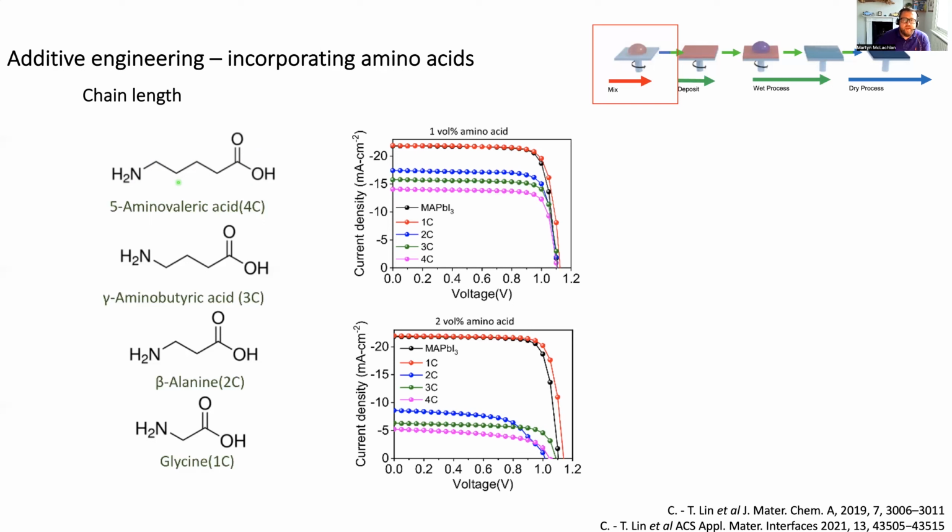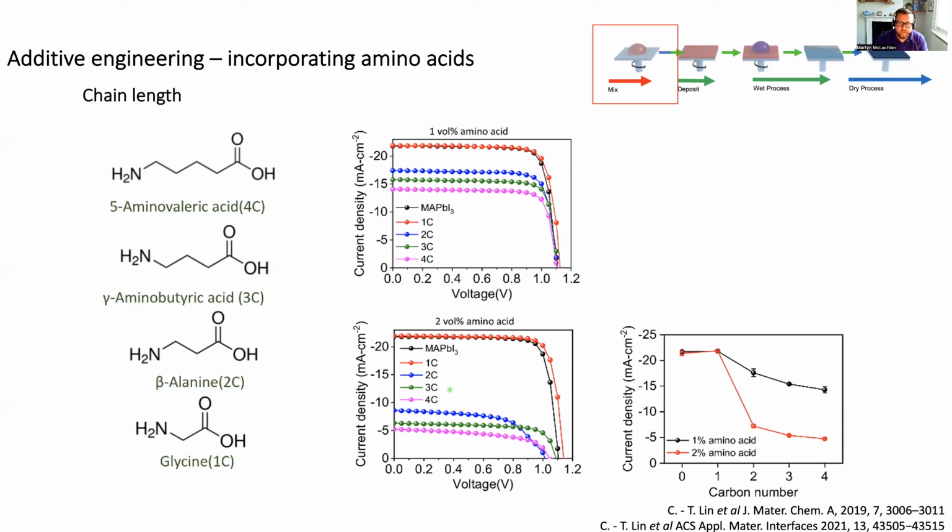So again, some quick optimization here, thinking about the concentrations of amino acids, and we explored a large parameter space. Just with the 1 volume percent of amino acid additive, we can see very clearly that the red trace here follows the black trace very nicely, and then we see this systematic reduction in the JSC, the short circuit current density, as the chain length of the amino acid increases from 2 to 3 to 4, and in fact more so when we increase the concentration of the amino acids.